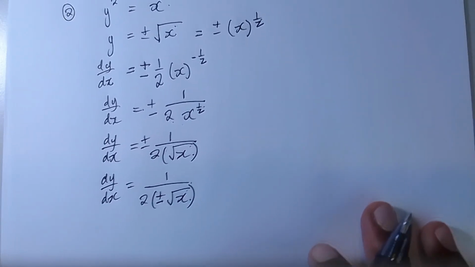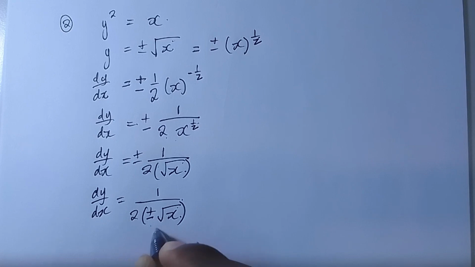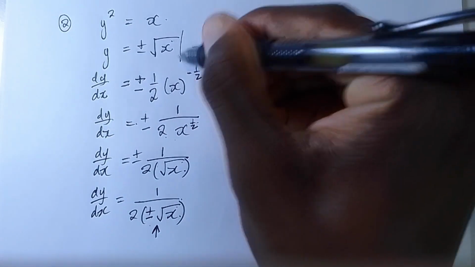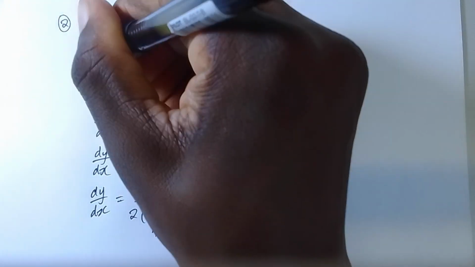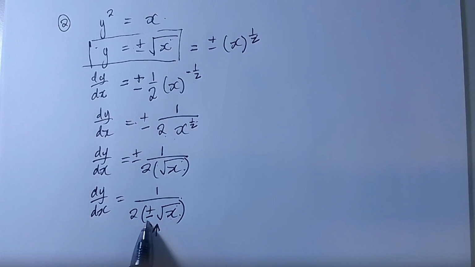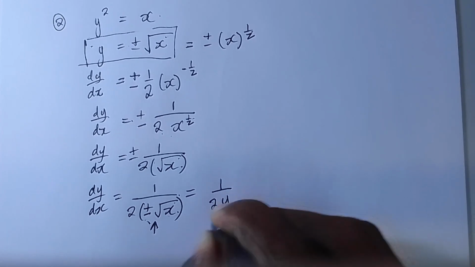And the reason why I was doing that was to show you that this right here is equivalent to y. You see, that's y right there. y was plus or minus the square root of x, which is this. This is still y. Therefore, this can also be written as 1 over 2y.